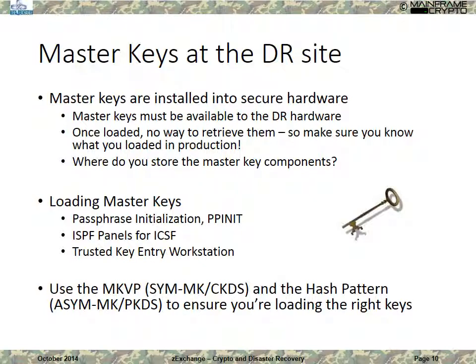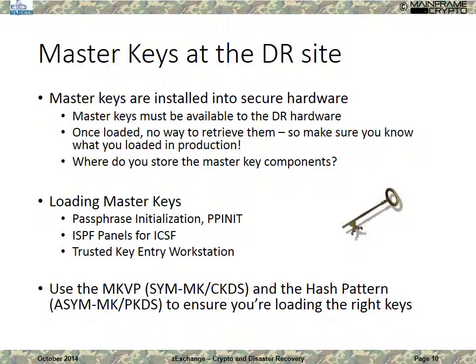Also keep in mind, like when we talked about loading the master keys a couple months ago, once you load the master keys into the hardware, there's no way to retrieve those key values. So you've got to have a well-documented procedure that says, here are the envelopes with the key parts, and here's how we know that we've got the right master key.